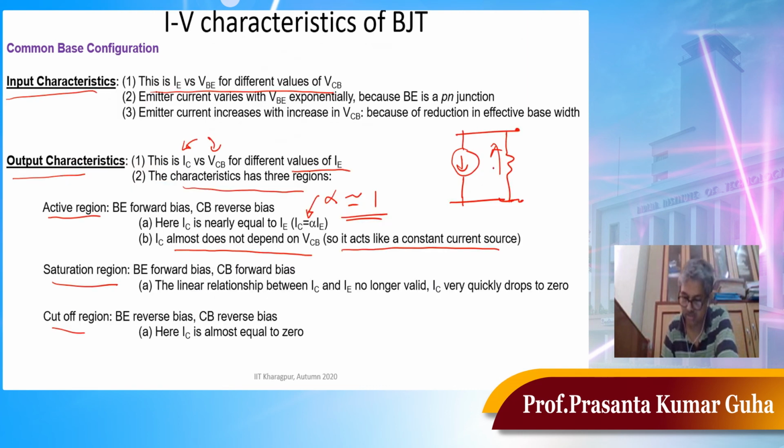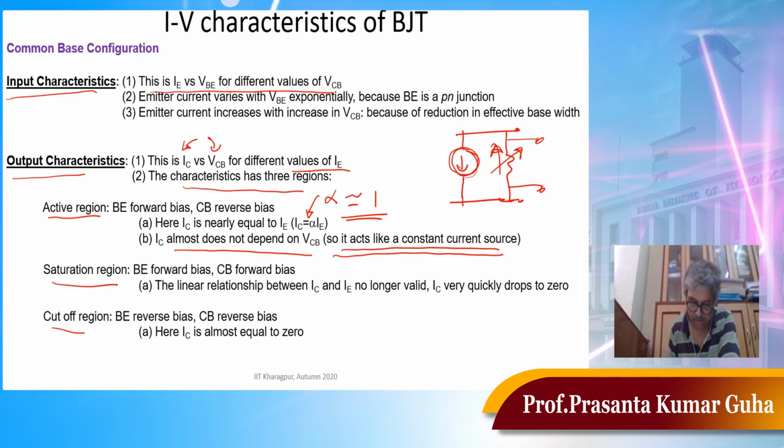In a constant current source, if you change your load, the voltage across the load changes, but if you can maintain the current through the load, that means it is a constant current source. So the output characteristic shows the BJT can be used as a constant current source.